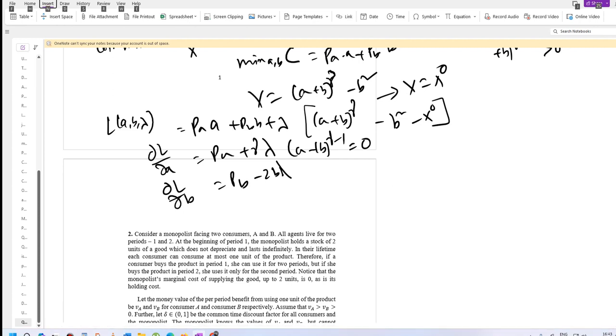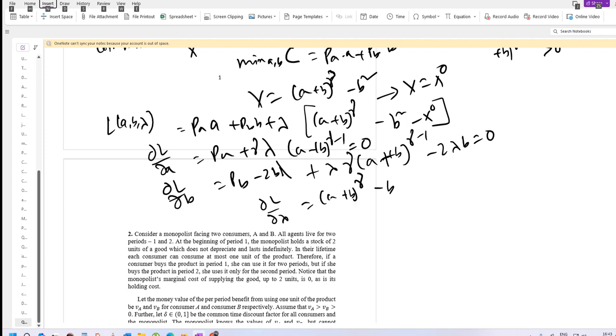So del L del b will be pb minus lambda gamma (a plus b) to the power gamma minus 1 equal to 0, and del L del lambda is x0 minus (a plus b) to the power gamma equal to 0.